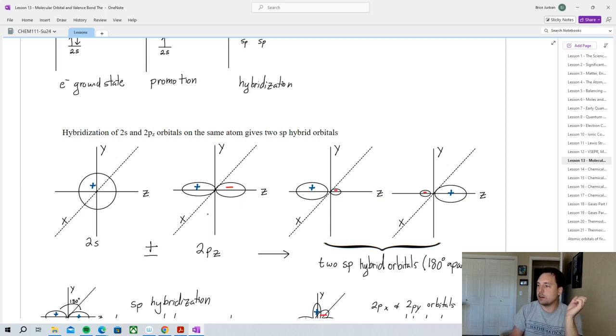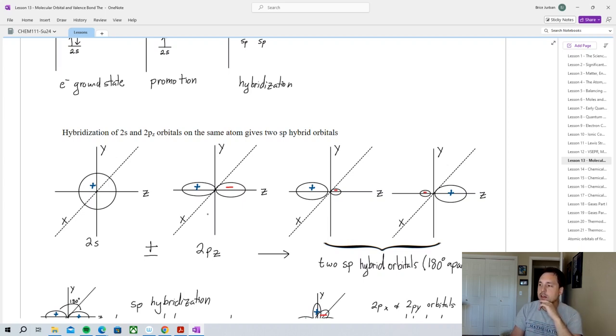So what we end up getting is one hybrid orbital that has most of the electron density along the negative z-axis, and one along the positive z-axis. So here we can see we form 2 sp hybrid orbitals that are 180 degrees apart.